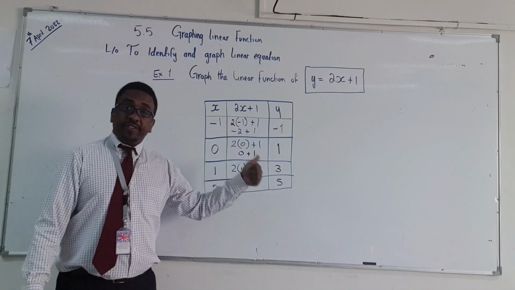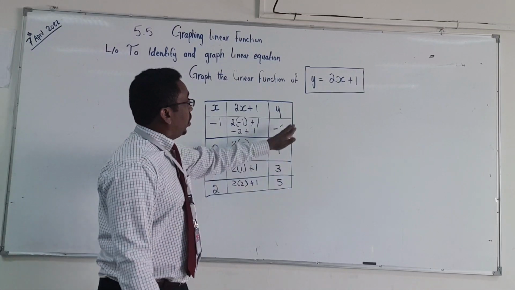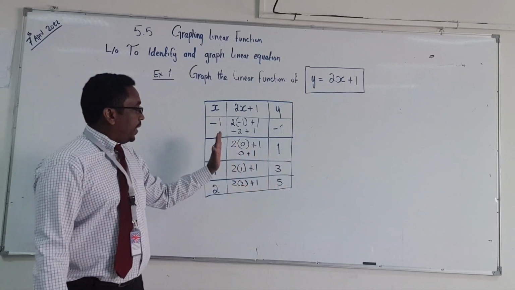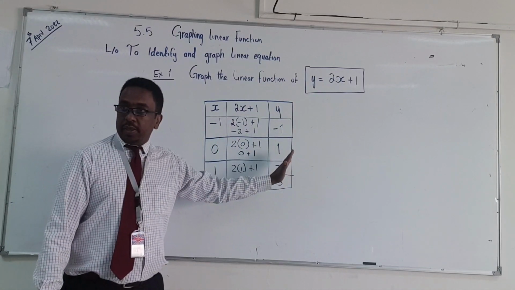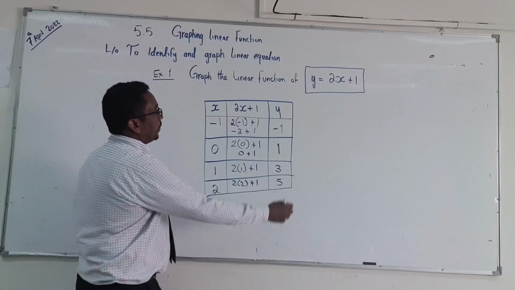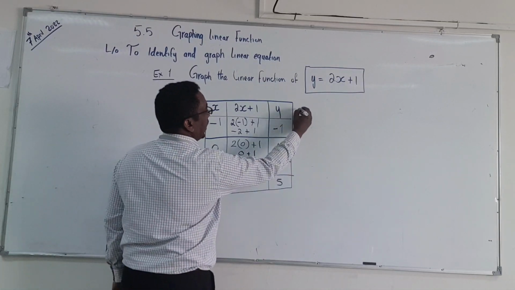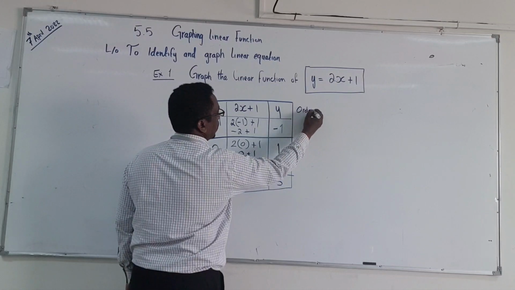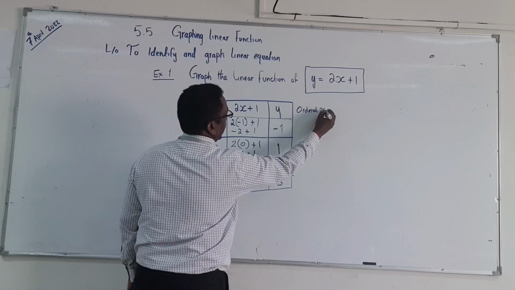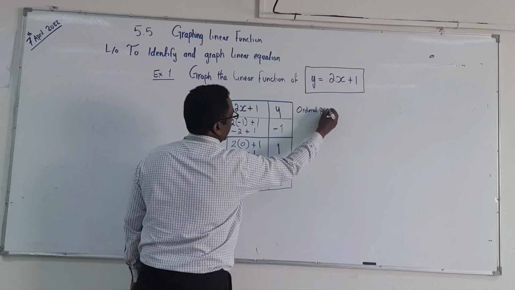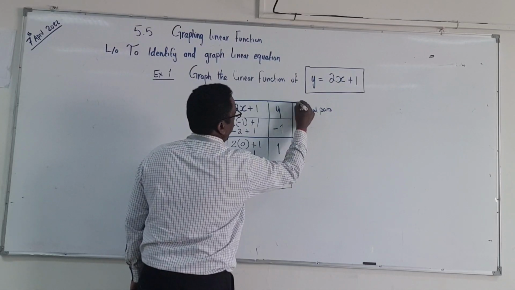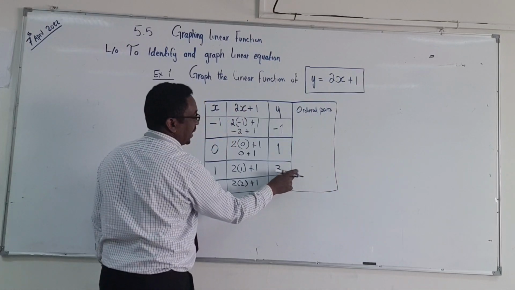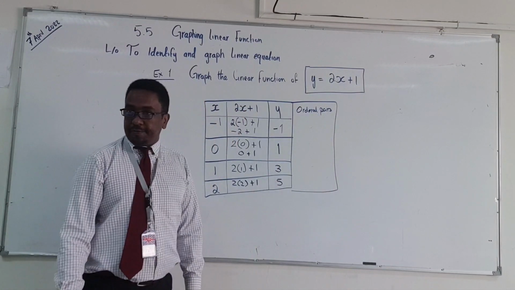Good. Now, the next step we're going to take is we're going to write down the ordered pairs. Remember, the ordered pairs are the x and the y. So let's write down that. If we add another table here and we say the ordered pairs, those will be the numbers that we will have to put on the graph.